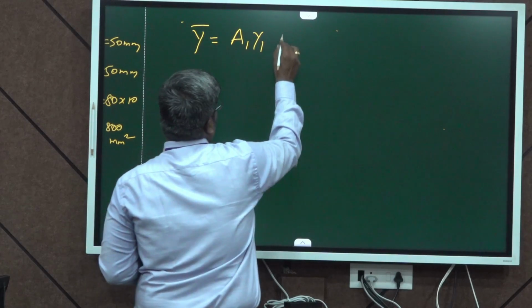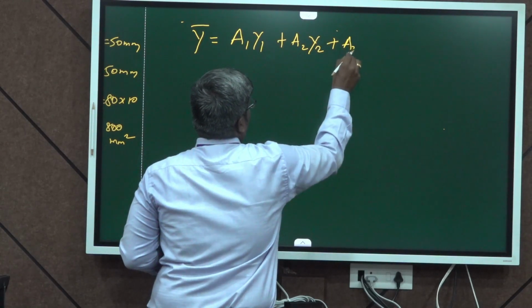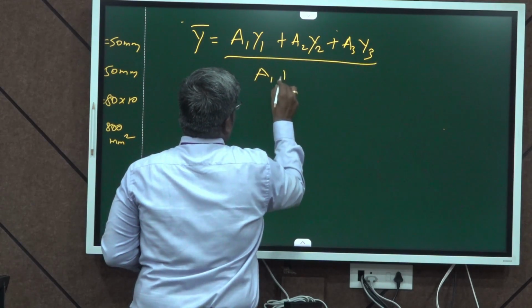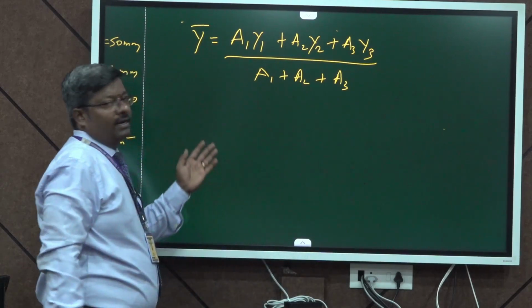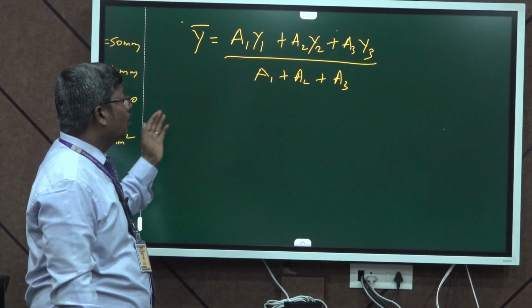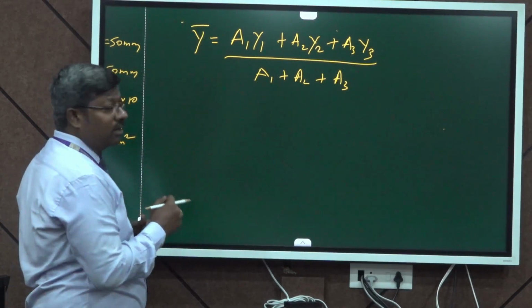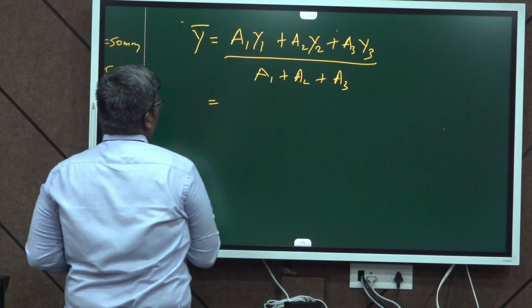We know that A1, A2, A3 are the areas of the three different portions and y1, y2, y3 are the centers of gravity about the y axis for all three portions. So, I am going to substitute all these values first.